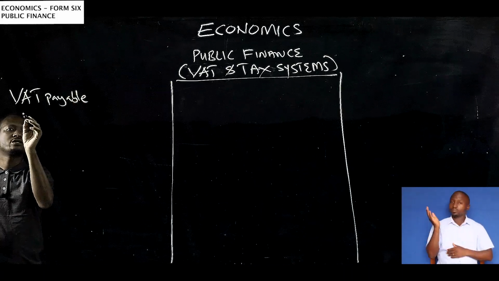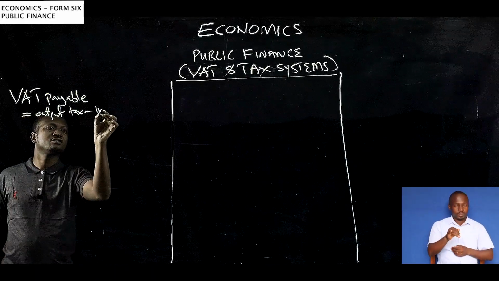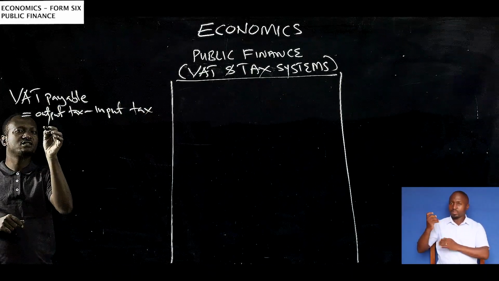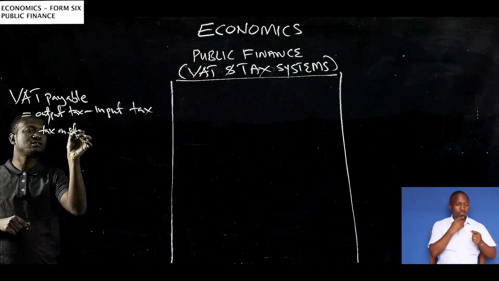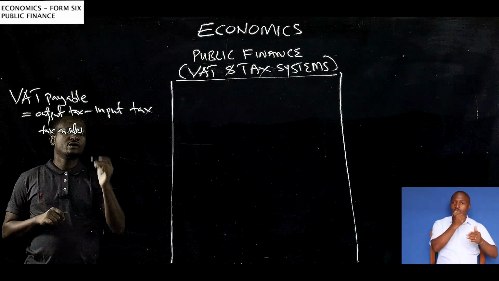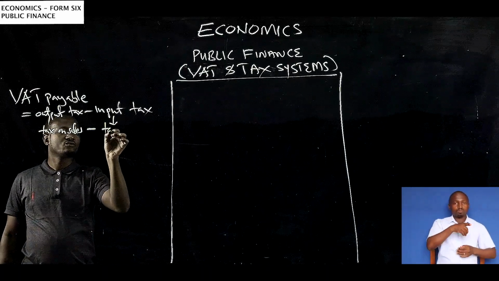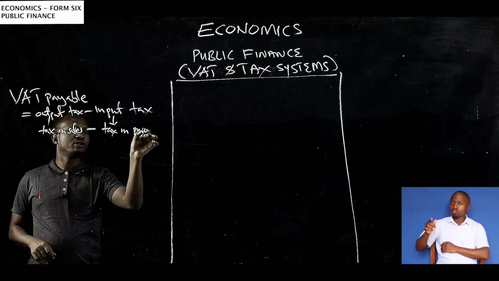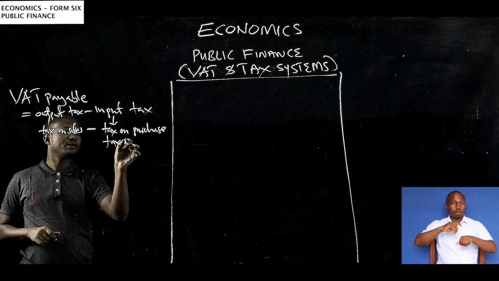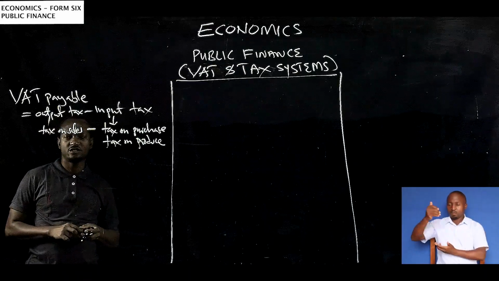Output tax is tax on sales: when you sell, this tax is deducted from revenue. And input tax is tax on purchases, or sometimes tax on production. When you produce something, the government takes VAT.